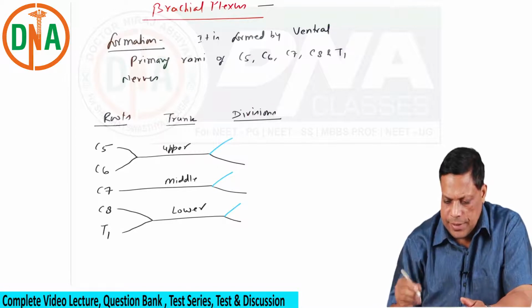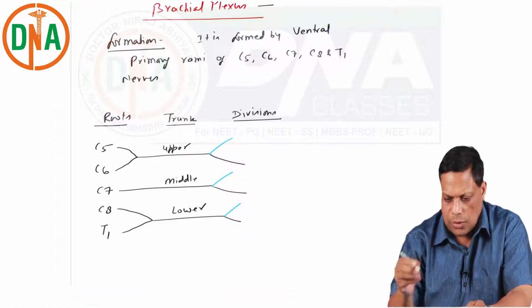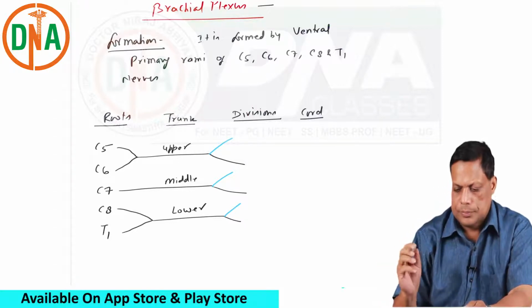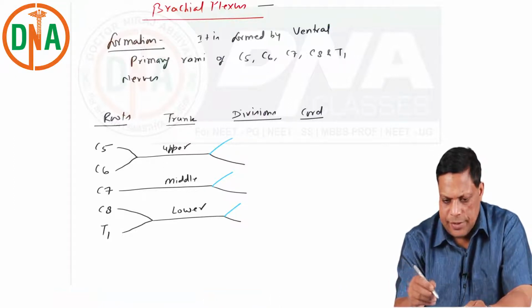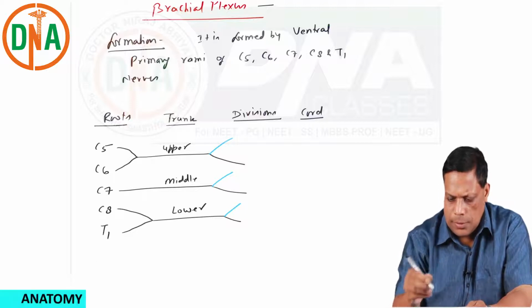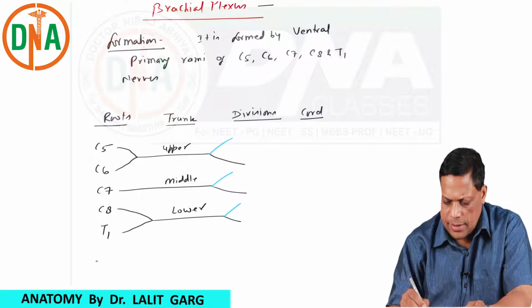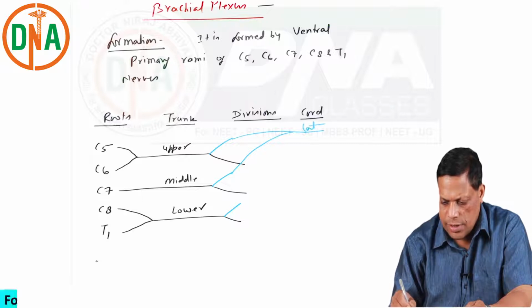Then see, these divisions unite to form the cord. The anterior division of the upper trunk and middle trunk unite to form the lateral cord.